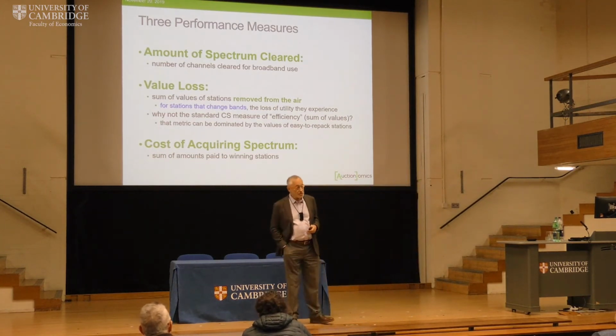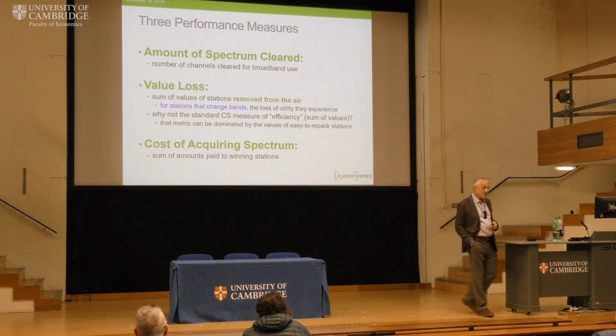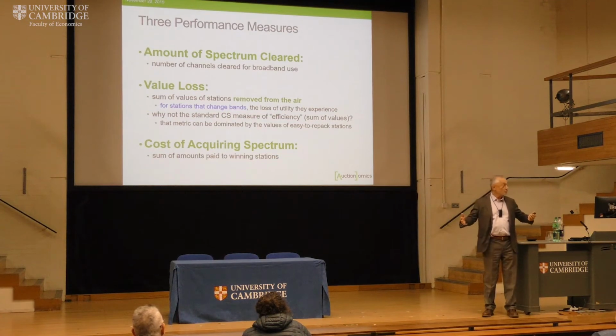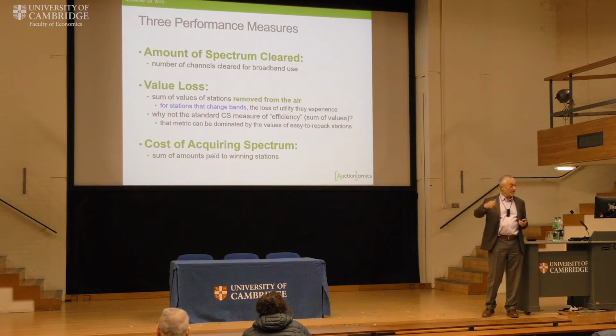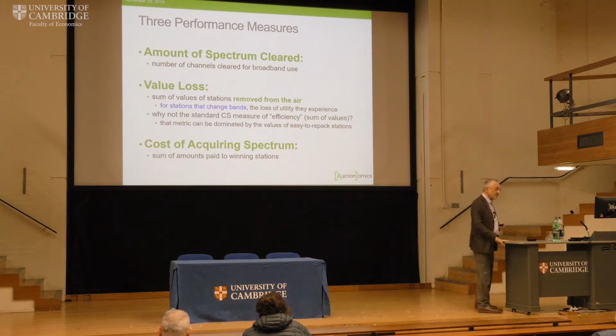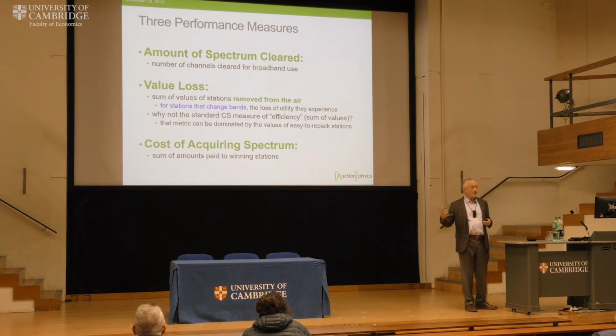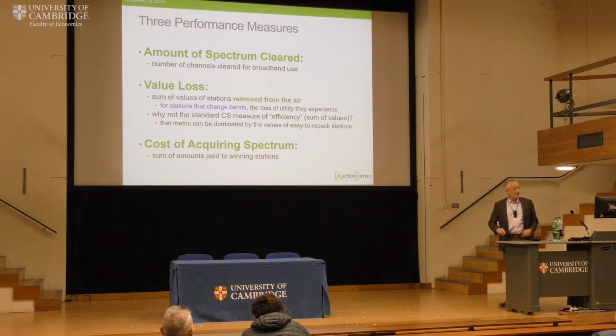And that turns out to not work very well here, because the stations that easily fit on the air tend to be much more valuable than the stations you take off the air, and that's most of the stations, and you get this very big number in the denominator, and you get exaggerated measures of the efficiency of the algorithm. So we have a conservative measure determined in this way. And then the cost of acquiring spectrum, the sum of the amounts that's paid to the winning stations. Okay, so here we're going to leap into the simulations and talk about what we learned.